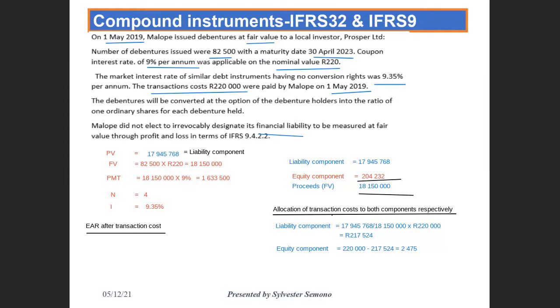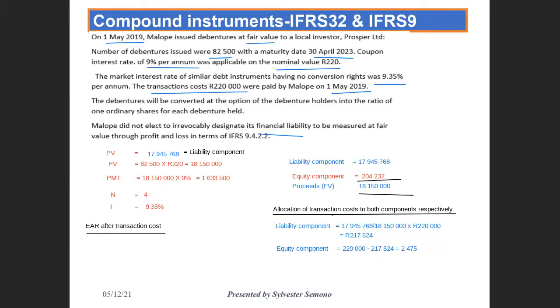Remember my main aim is to find, I'm trying to change the color. My main aim is to find the new rate. So I don't have to find the present value because I've got the present value. So I need to make sure that I just adjust the present value.